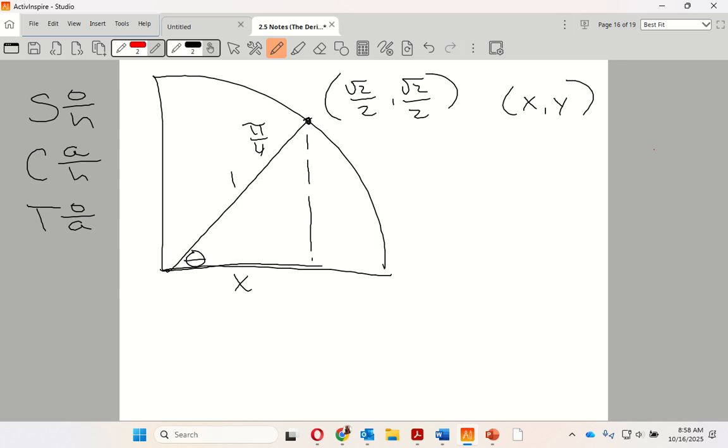So my cosine is always this first value, and sine is this second value. It's like saying x comma y is always cosine comma sine. So the value I was looking for was right here, from my unit circle.